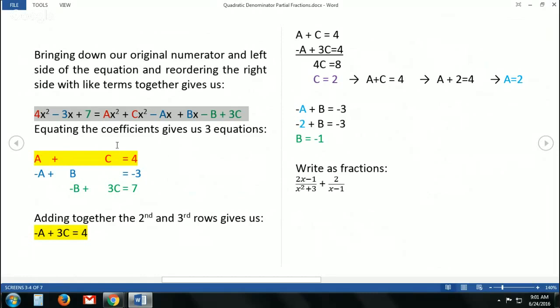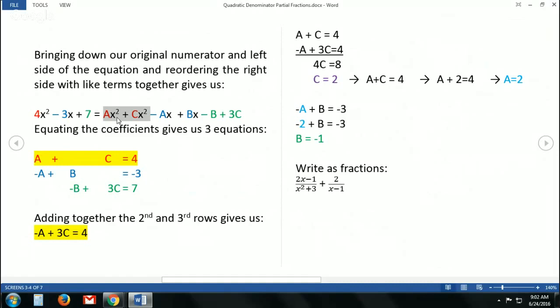Let's now take each of these parts and equate the coefficients that we've been given. We know that the two sides should equal each other, so 4x squared has to come from adding together ax squared and cx squared.